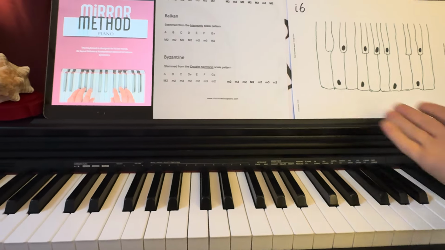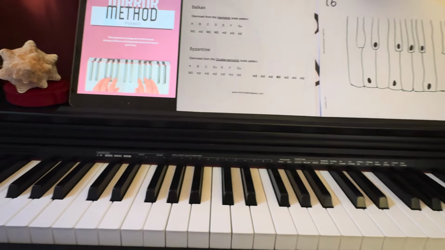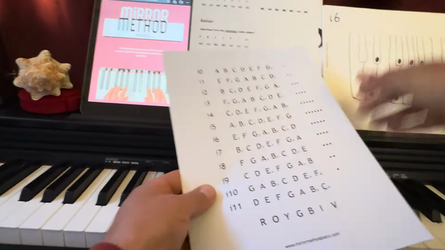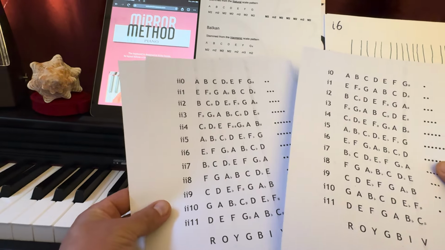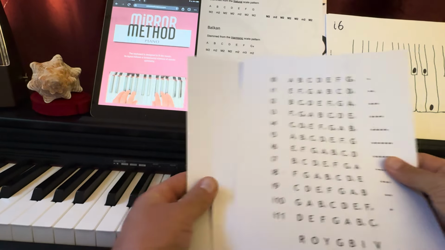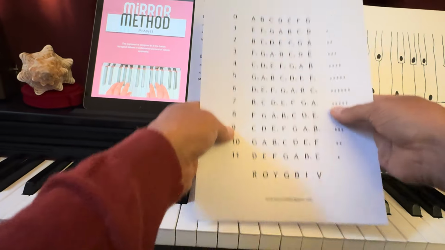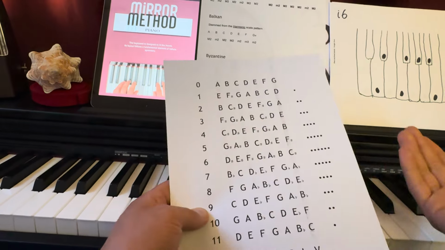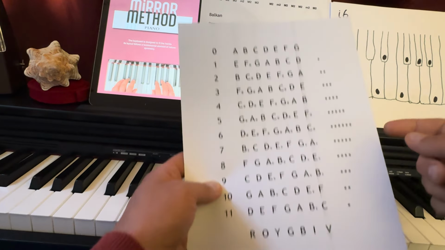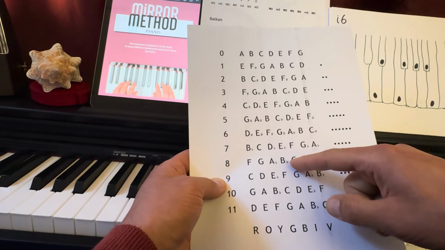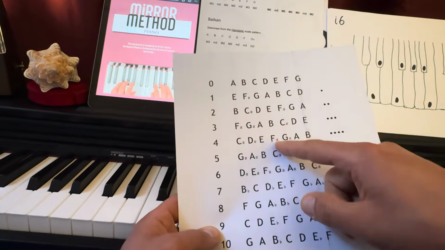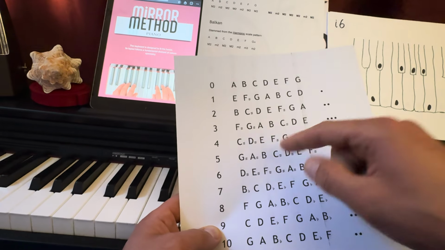So once again, you can download all of these from the website for free. These matrices are very useful. They might be hard to get your head around for a little while, but once you get your head around the idea, the concept of a perfect fifth, you're good to go. And one thing that I just sort of realized today is like you don't even have to pay that much attention to these symbols.